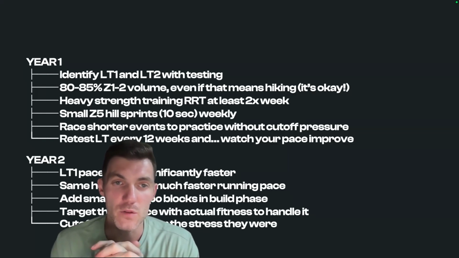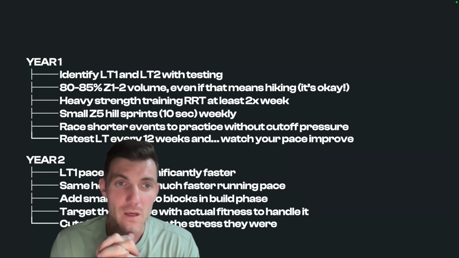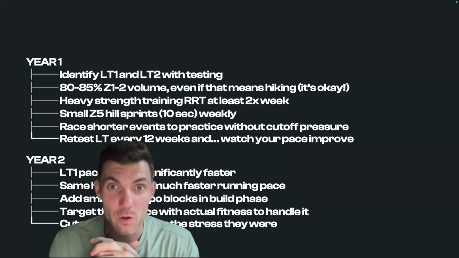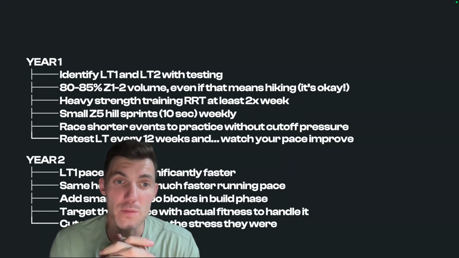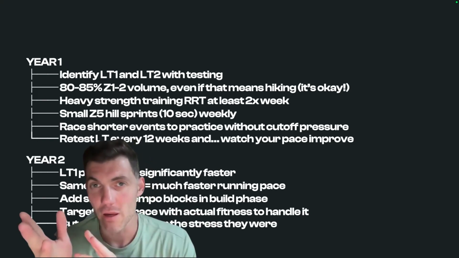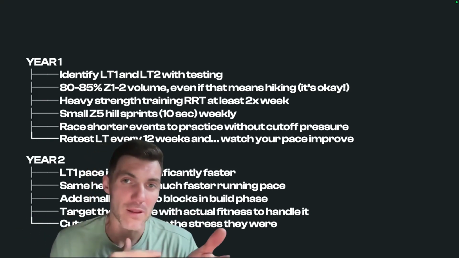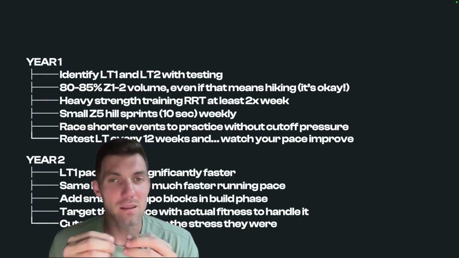This is what I would recommend for 2-year planning. Identify LT1, LT2 with testing. Most of your runs are zone 1, zone 2, even if it means hiking, because you're going to hike a lot. Heavy strength training, at least twice per week. Small zone 5 hill sprints, 10 seconds weekly. You see, it's anaerobic, which I said you shouldn't do, but if you do 10 seconds, it's okay.